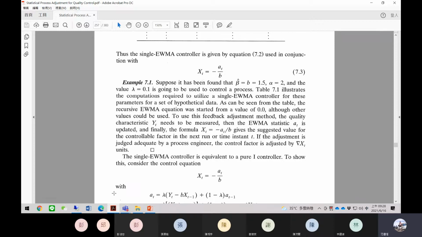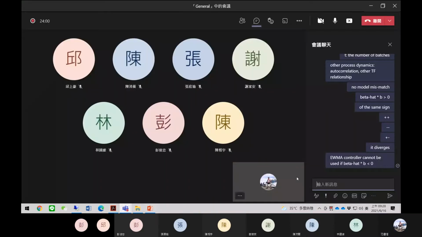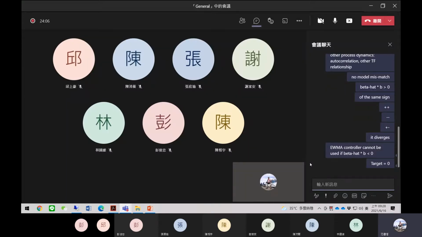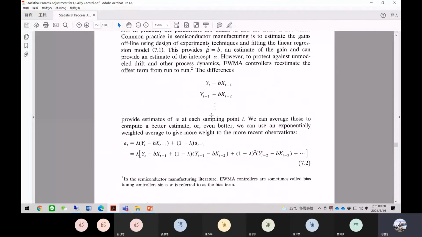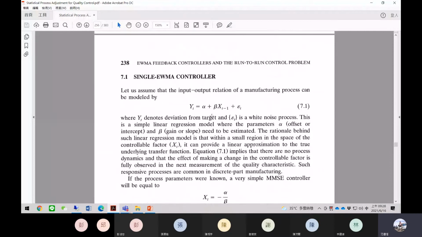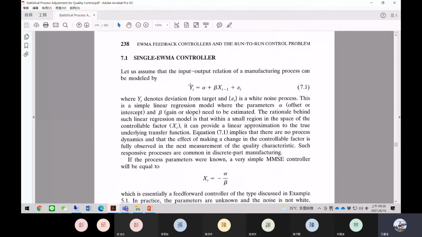In this case, we assume the deviation is as close to 0 as possible. That's why we can get this equation.